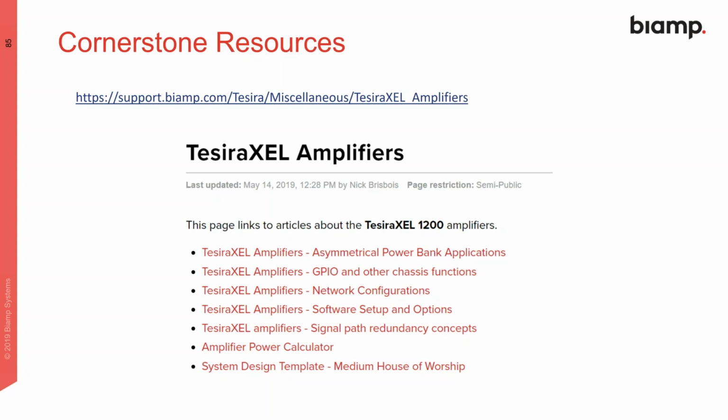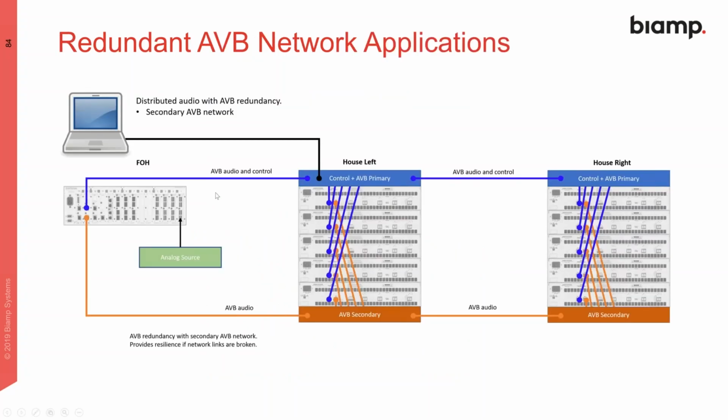Let's see, I had a question on the hop links between amps and the network for control only. Not sure I totally understand the question. We have AVB and we have control. They can be isolated from one another in the networks.